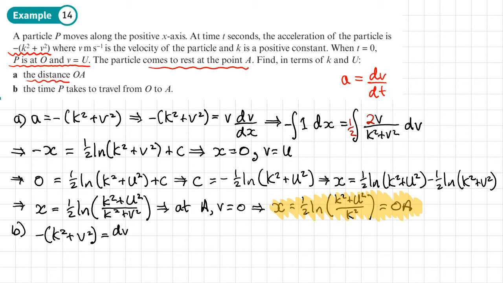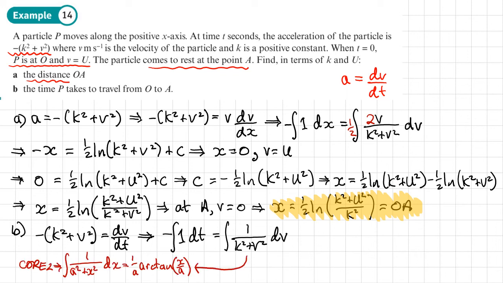This is going to be separating variables again. So we'll leave the negative and the 1 on the left hand side, and that'll be dt, and then on the other side we'll be integrating 1 over k squared plus v squared dv.